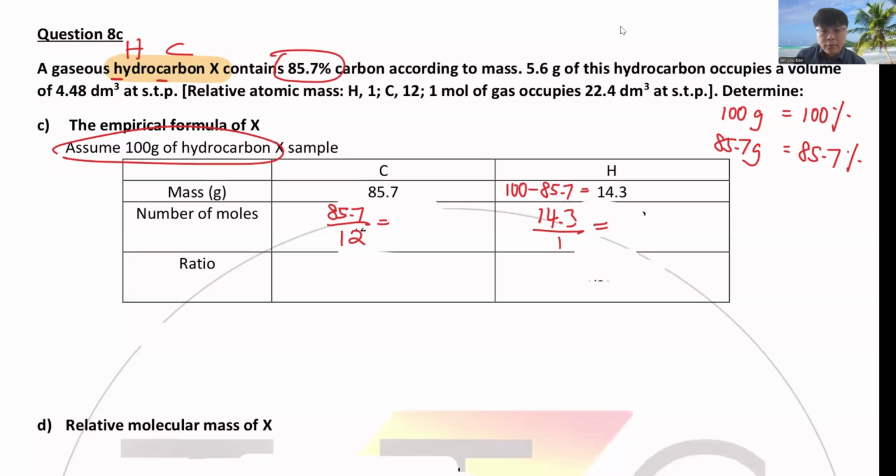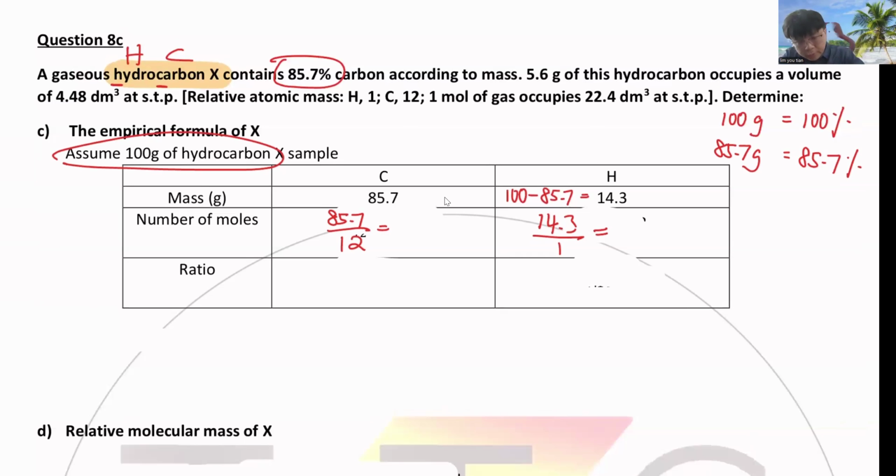So you calculate 85.7 divided by 12. You get 7.142. 14.3 divided by 1, no need to calculate. Then with the ratio, you divide by the small number.